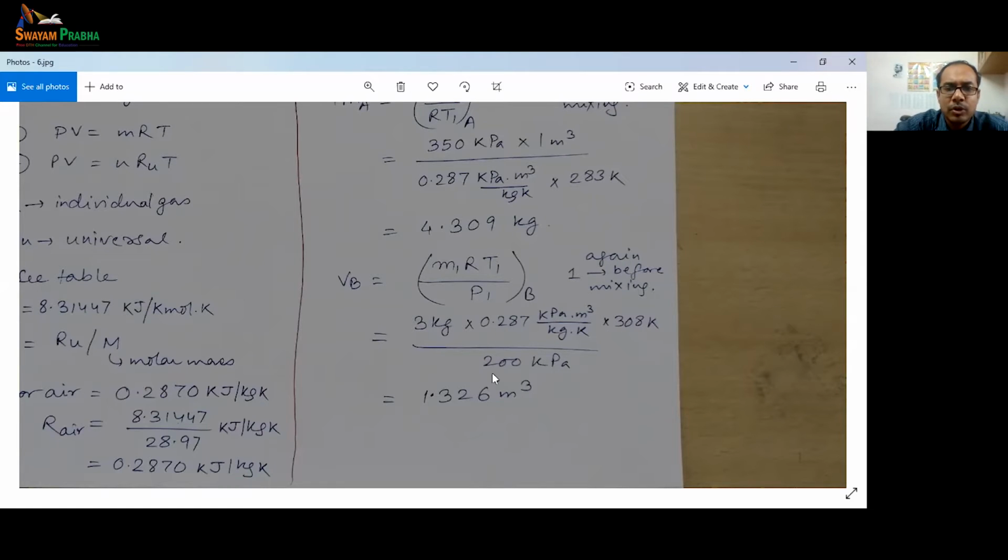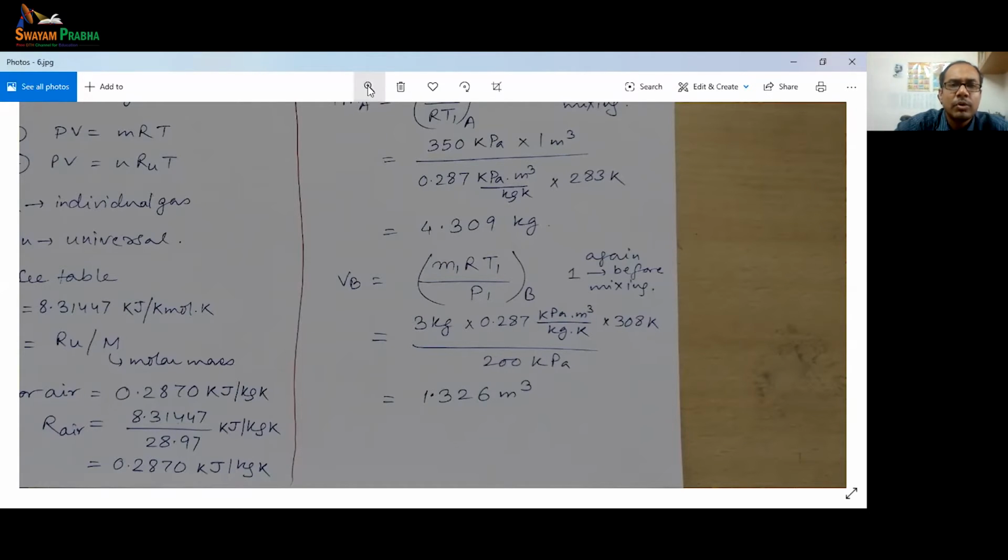So again we put all these values which are known. Here the temperature is different. This is 308 Kelvin. Okay, and the pressure is also different. Instead of 350 kPa, here we have 200 kPa. So ultimately the volume you can find from this calculation, it's 1.326 meter cube.